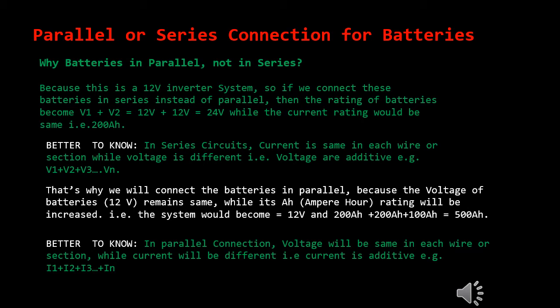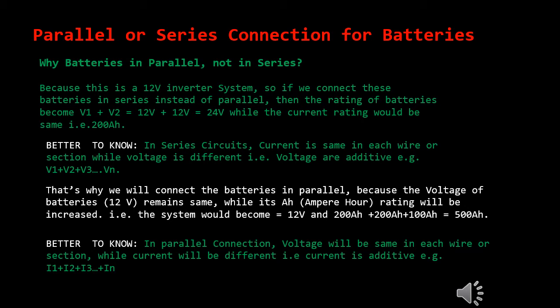For our example, it will be 12 volts plus 12 volts plus 12 volts, which will be 36 volts, while the current rating will be the same, 200 amp-hours.